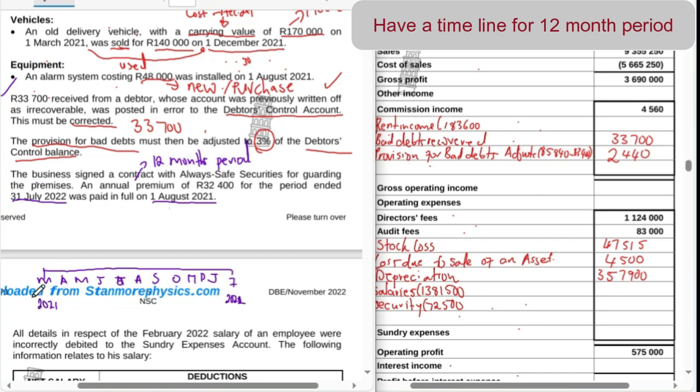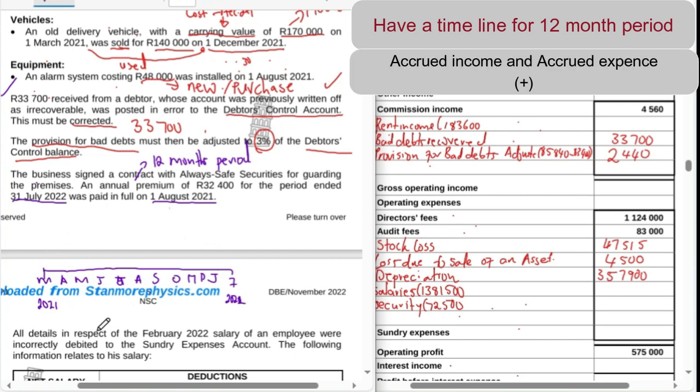12 months period. So you know that, guys, anything that has not yet been received or not yet been paid will be shown by what? The positive sign, which will be what? The accruals. Accrued income, and also accrued expense.